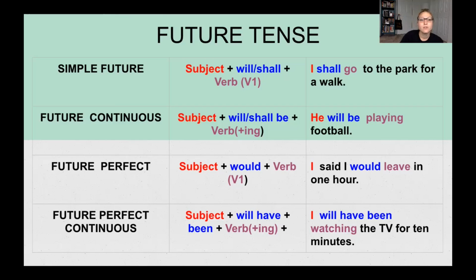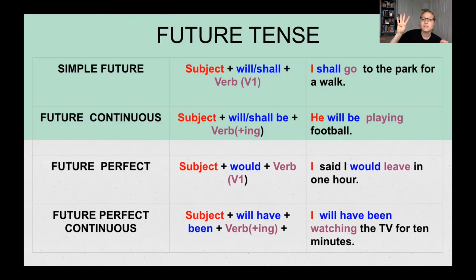Then we have our future perfect continuous. And in that area, the last row, we have subject, will have, plus been, because you know you can't have too many helping verbs with you, right? And then we have our last one, and that is our verb plus ing. So we're back to the ing, and let's go over this fun sentence.